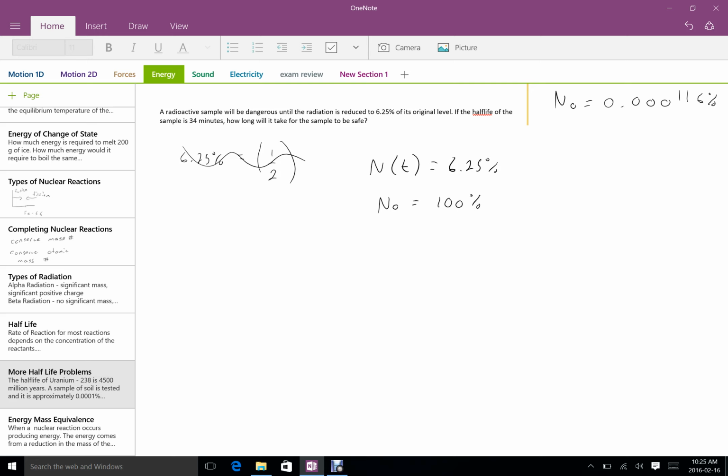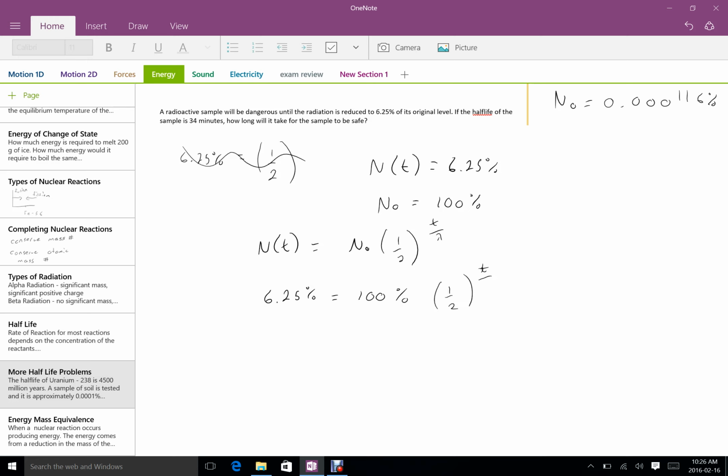And so I'm using this formula to predict a future amount given a half-life. So I have 6.25% remaining of my 100%, and that's going to be 1/2 to the power of t over my half-life.